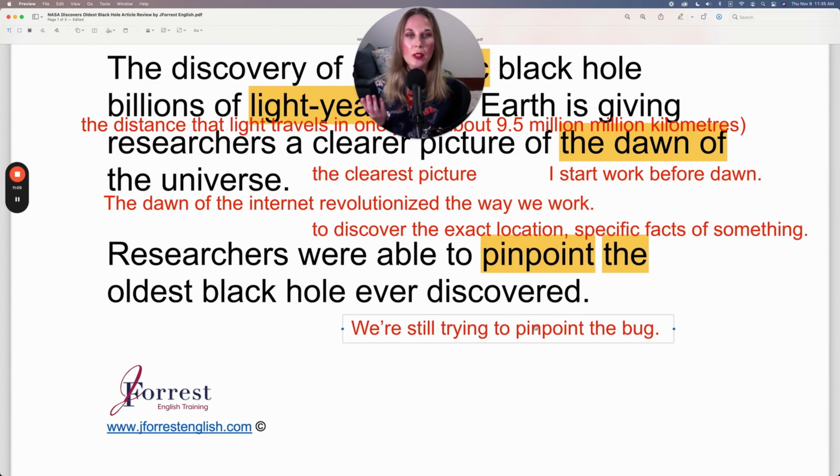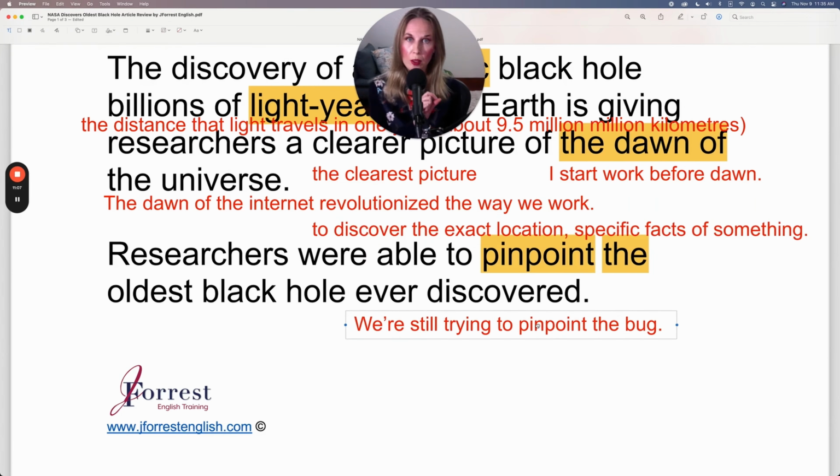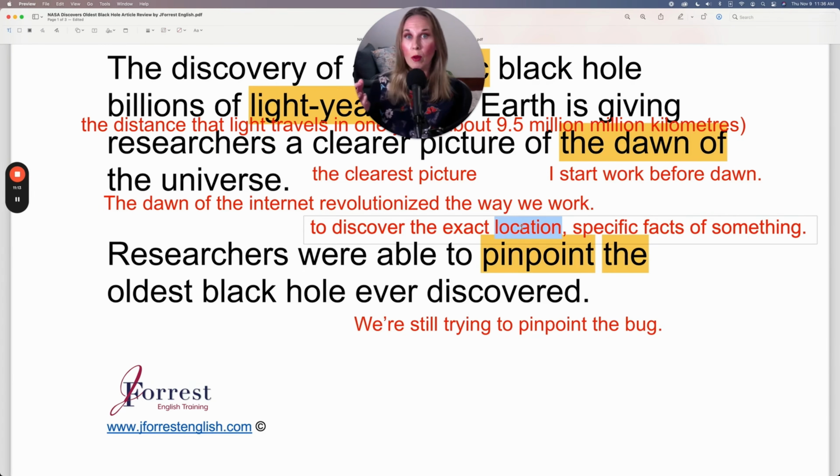So my example here, we're still trying to pinpoint the bug. Imagine a computer bug, a computer problem. Now, it could be the location of it. You don't know where on your server or where in the software program that bug is. So you have to pinpoint the location.